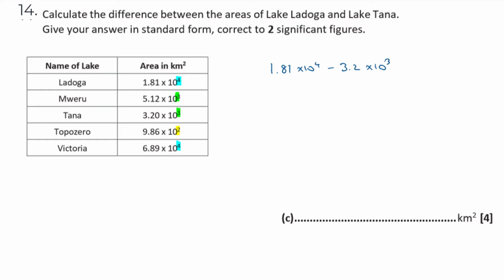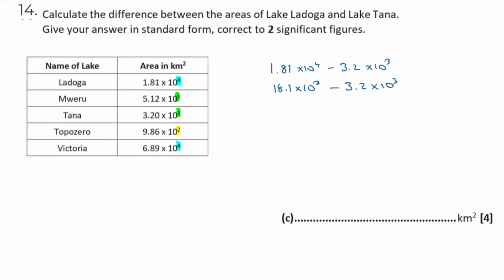But if I take a power of 10 out of 10 to the 4, so if I take 10 out of 10 to the 4 and leave it as 10 to the 3, and with that 10 I can multiply the mantissa part of the number and get 18.1 times 10 to the 3. So I've kind of taken a 10 out of the power and stuck it in with the mantissa at the front. Then I've got 18.1 times 10 to the 3 minus 3.2 times 10 to the 3.